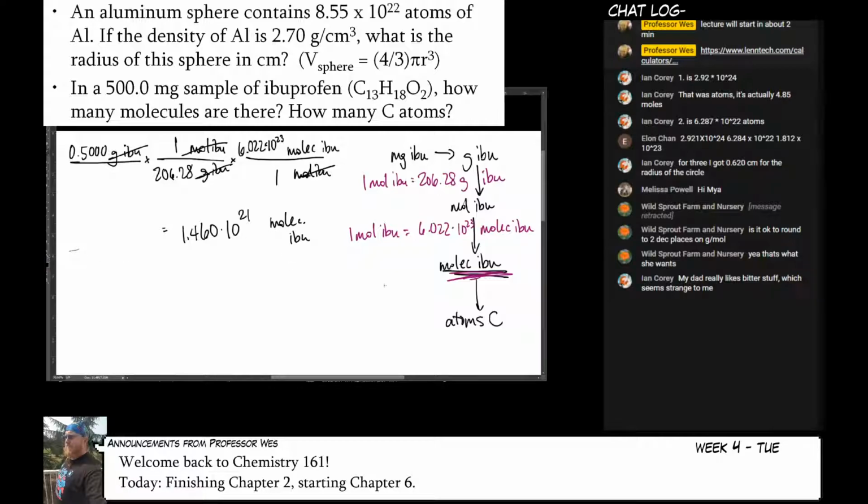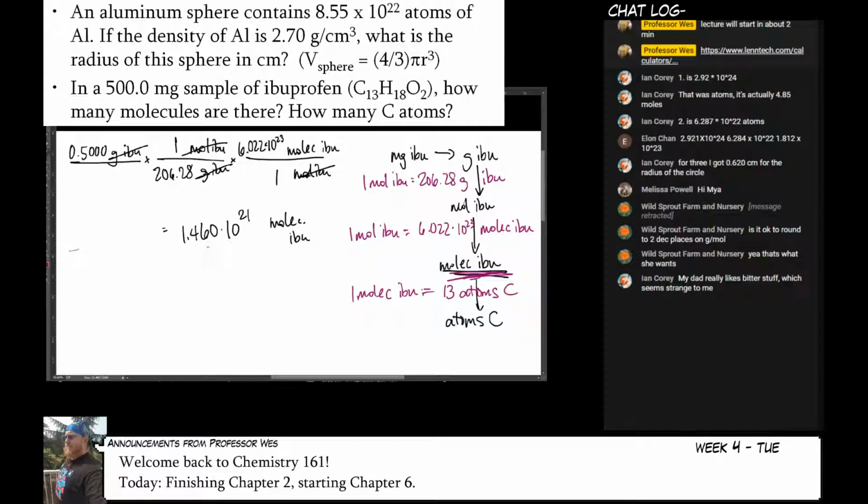And then for the second problem, how many carbon atoms are there? Well, in 1 molecule of ibuprofen, there are... Where's the formula? C13H18O2, so there must be 13 atoms of carbon.